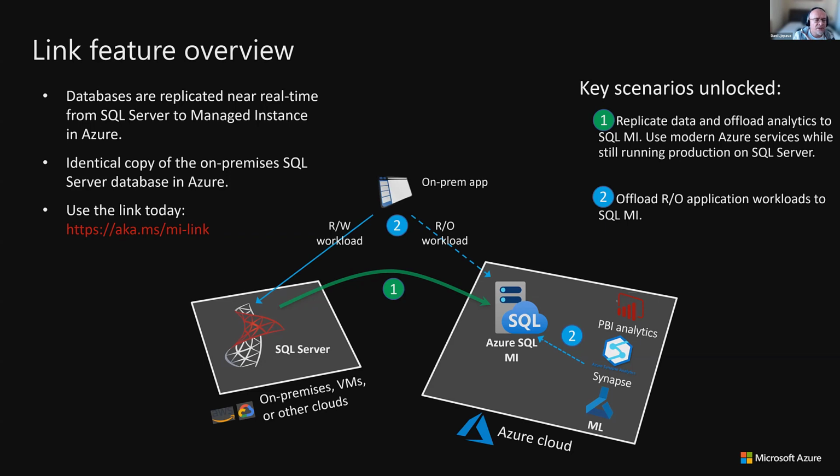What you can do is, once the link is established, when you replicate data from SQL Server to managed instance, you can use your replicated data on managed instance to offload read-only workloads, because the replicated database on managed instance, the secondary, is available in read-only mode.